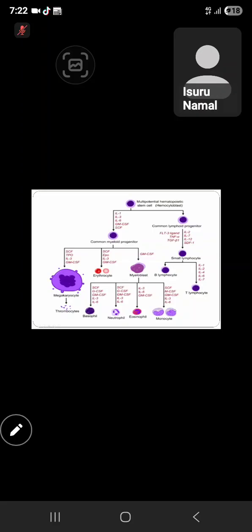Actually, we consider the monocyte an agranulocyte, but in some blood films we can see monocytes with hypogranulation, with a few granules. That is because these monocytes originate from the common myeloid progenitor. That's why you can sometimes see a few granules in your monocytes.